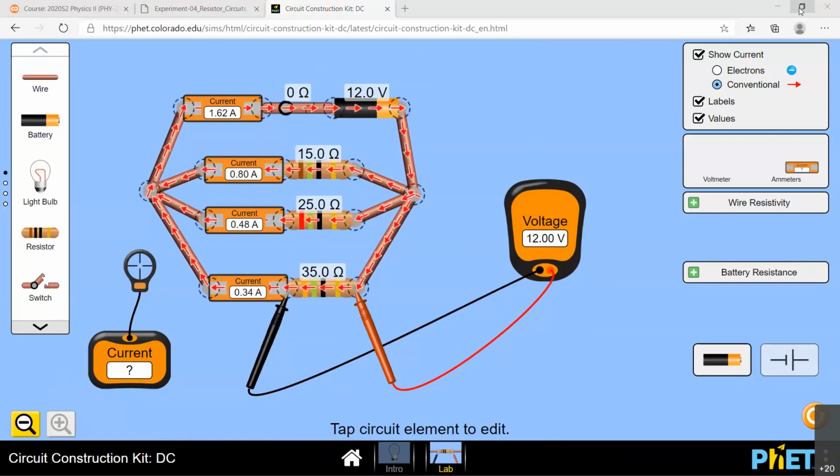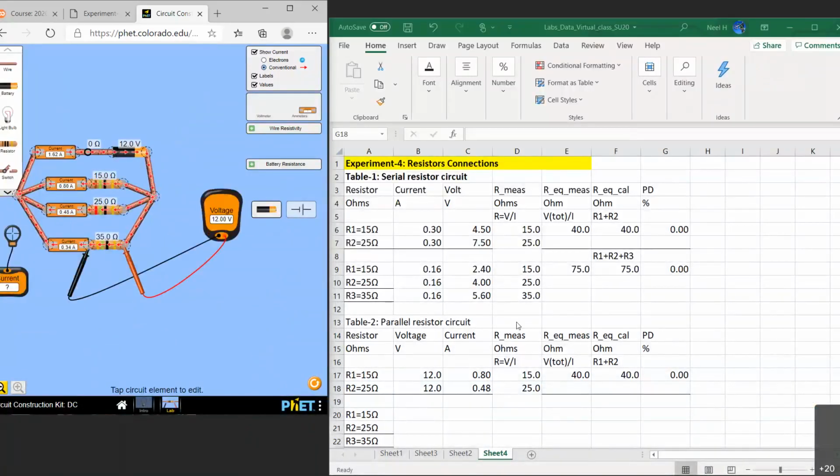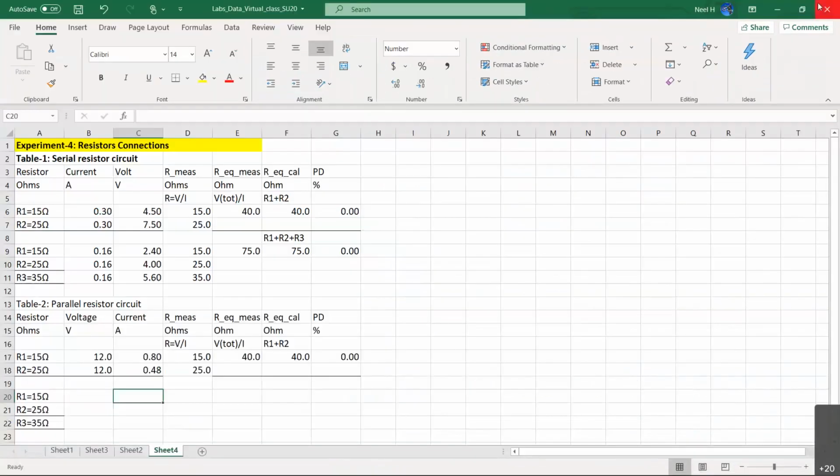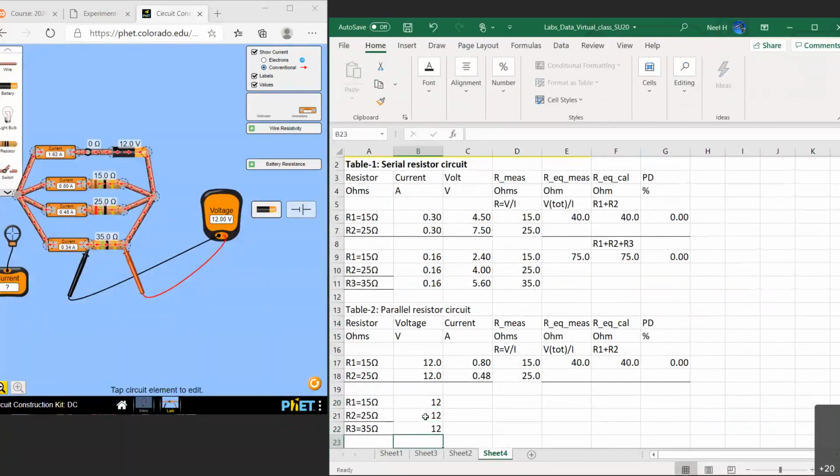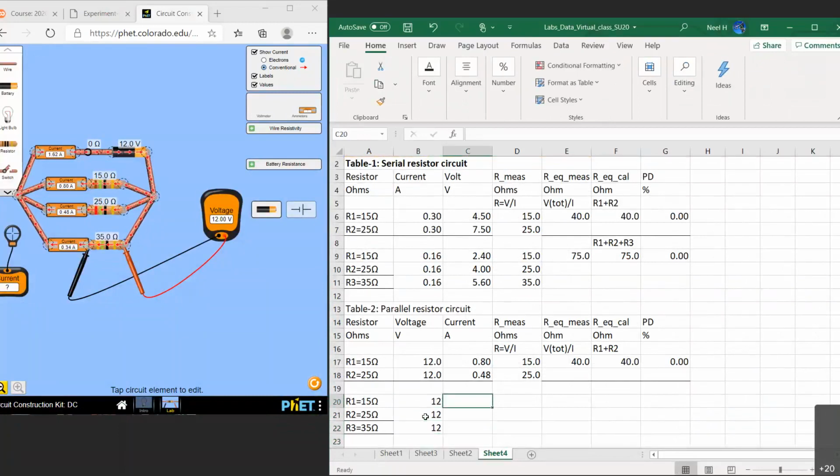Let's complete table number 2. Table number 2, we know the voltage across each. Now we are on circuit number 2 on table number 2, right? Voltages are the same, currents are different, 0.8, 0.48, and 0.34.